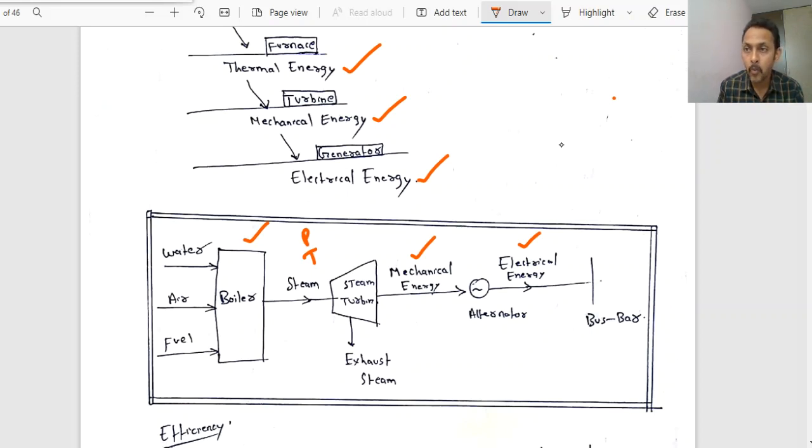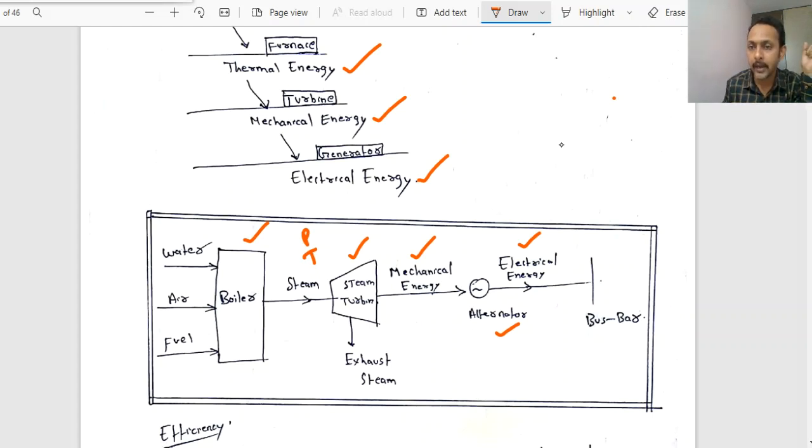The steam output from the boiler is given as an input to the steam turbine. This steam turbine converts the steam into mechanical energy. Now the mechanical energy is converted into electrical energy with the help of the alternator.